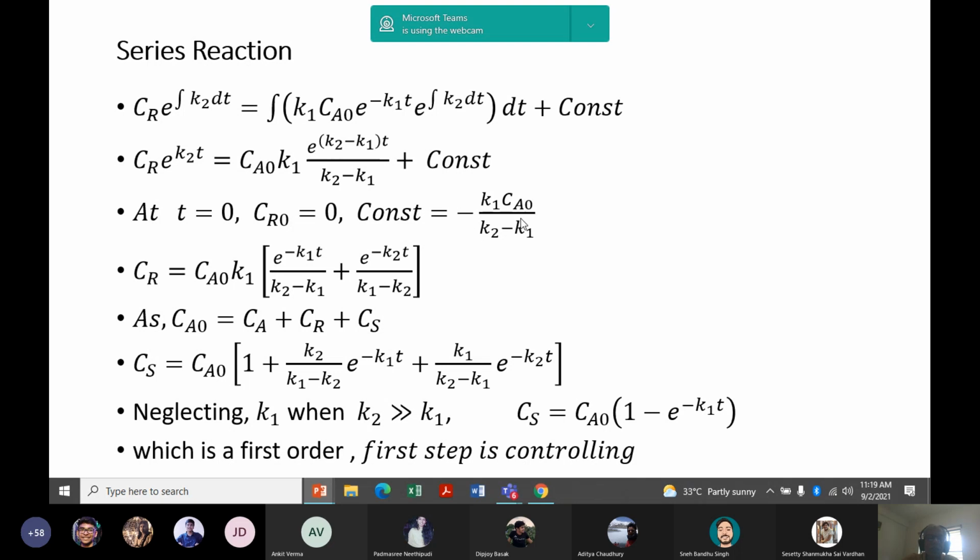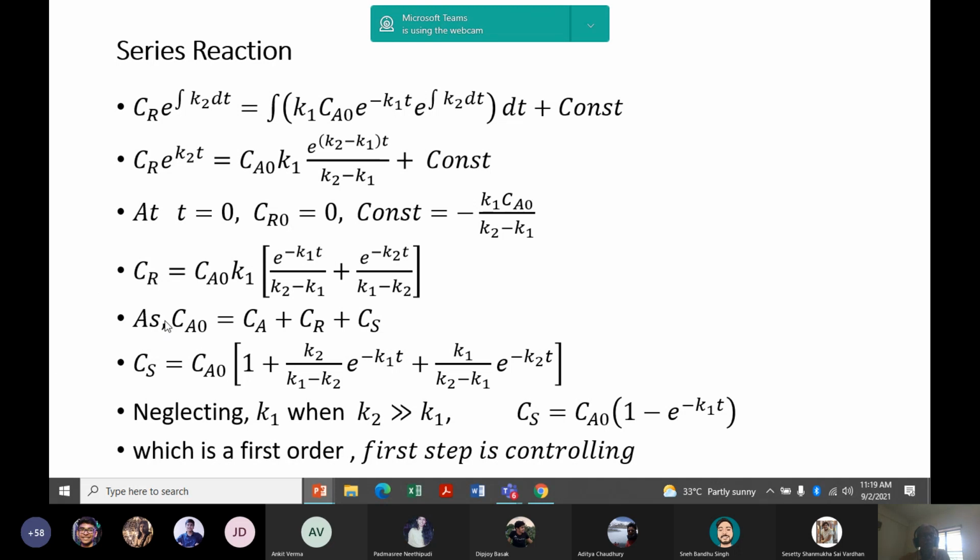Then the constant is this, substitute, and Cr is equal to Ca0 K1 times exponential minus K1t and exponential minus K2t in this form. You will get Cr as a function of time. And what is Ca0?